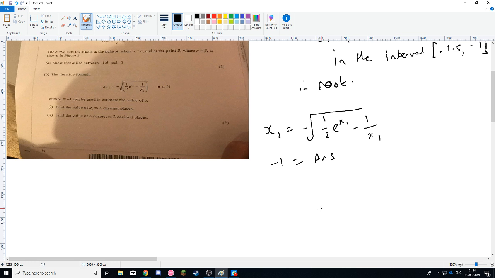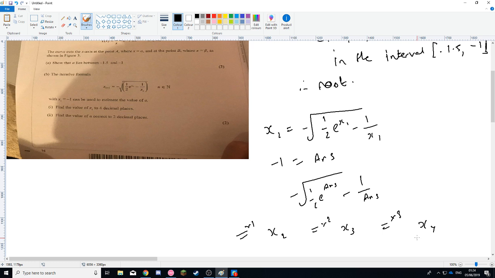Then you type in half e to the answer minus 1 over answer, and you click equals. Once you click equals once, you get x2. If you click equals twice, you get x3, and equals three times, you get x4.